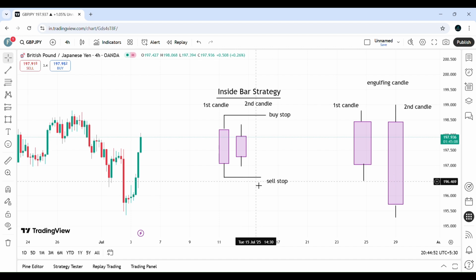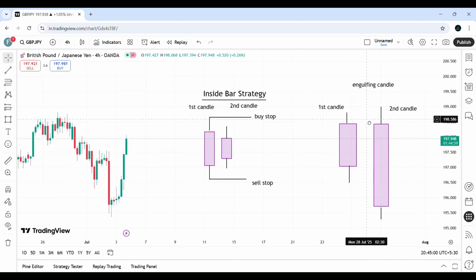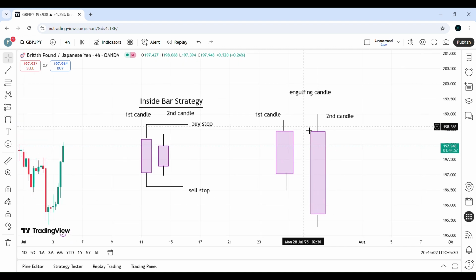So let's see how it looks on the charts. Let's forget about the engulfing candles. If you want to revise, it's easy. In the engulfing, the first candle is completely engulfed by the second candle. And in the inside bar, the second candle is completely covered by the first candle.